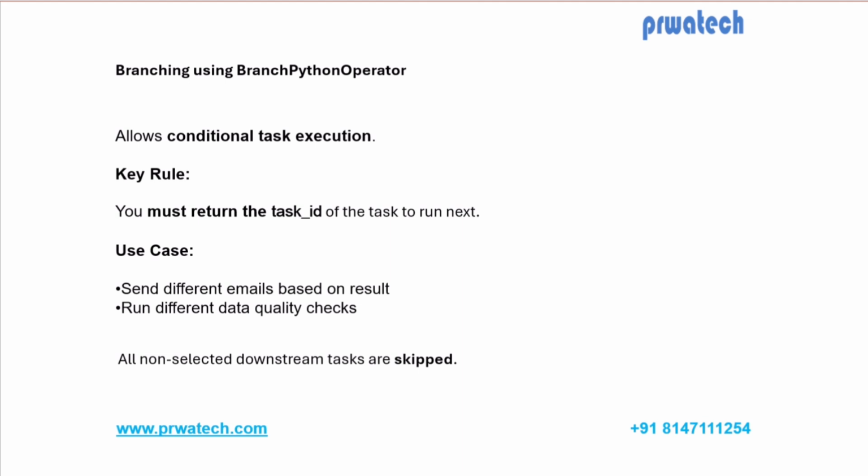So how does branching work? The branch task returns the task IDs of the tasks to run next. All others are skipped unless manually set with a trigger rule.